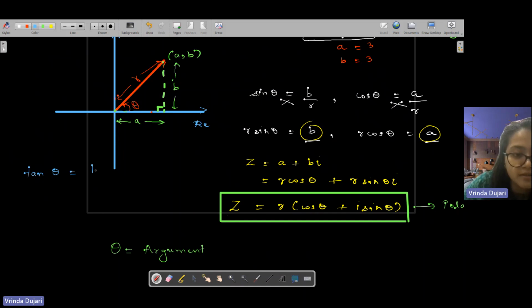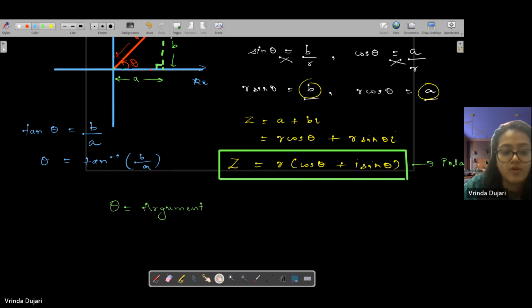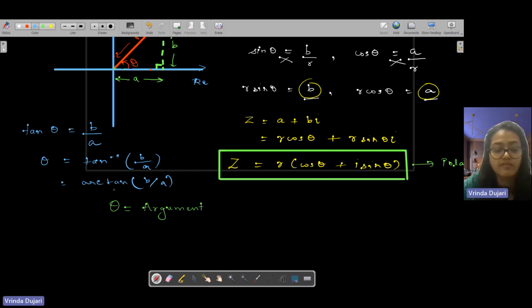So opposite is b and base is a. And so that means theta will be tan inverse of b over a. Or you can say arctan b over a. So this is how you can find out the value of theta.